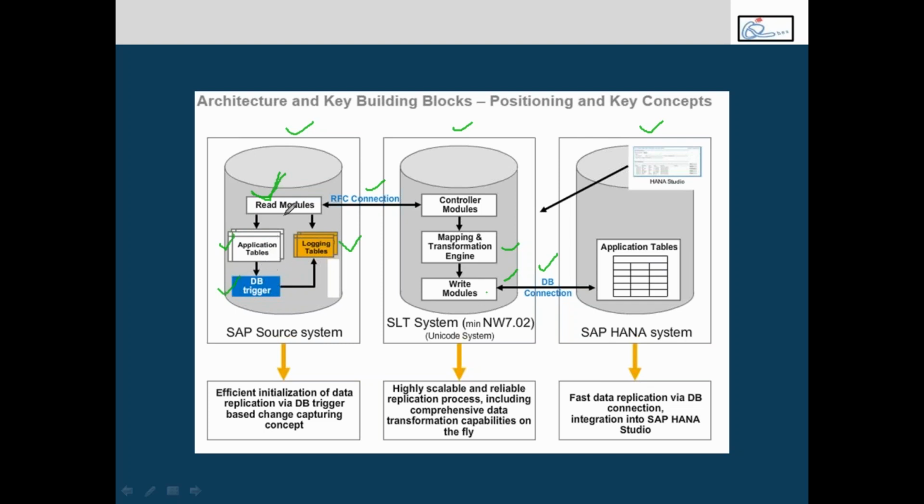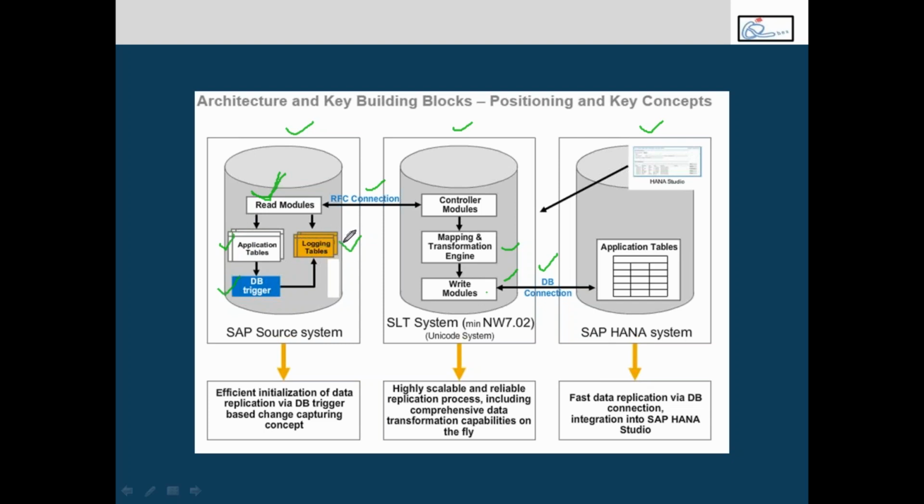So what does this trigger do? Once the historical records are brought in, from then onwards, whenever a record is created, changed, or deleted, the corresponding trigger is fired and it collects a log into the log table. Let's say this is the sales order table, and the primary key is VBELN, the sales order number. The log table will have the key of the table, saying a record with this key has been inserted, modified, or deleted.